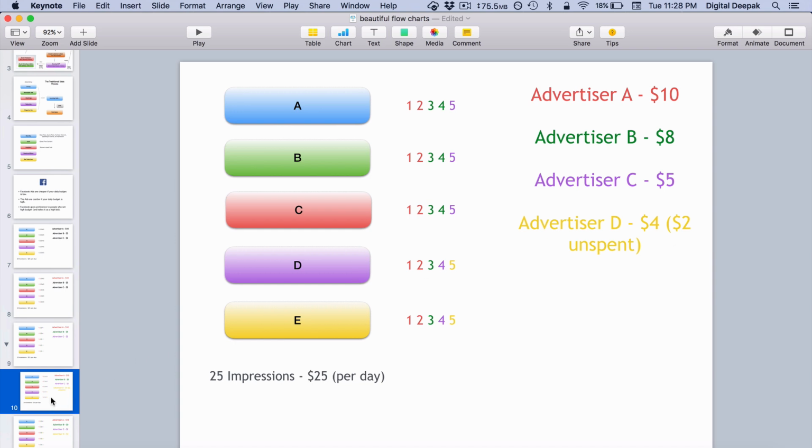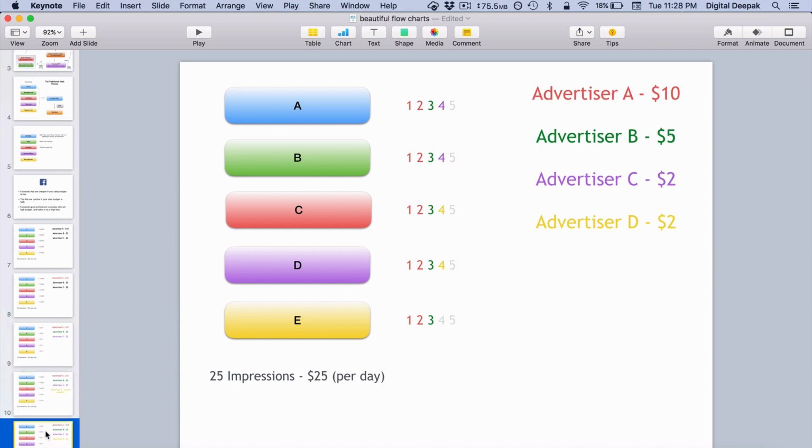However, when you look at this slide where we have advertiser D who has spent $2, we still have remaining inventories, and what I believe is that here advertiser C and advertiser D are technically going to get the cheapest cost in terms of cost per click or cost per sale or cost per action, because they are the least amount of bidders, and Facebook is basically filling up the remaining inventory with the people who have the lowest daily budgets.